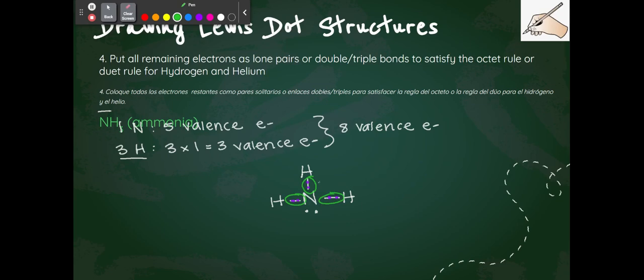So I have 2, 4, 6. And then in my lone pair, I have an additional 2 electrons. So I have 8 valence electrons in this compound. And that matches up with the 8 valence electrons I determined it already needed in my first step. So that is one example of how to draw Lewis dot structures.